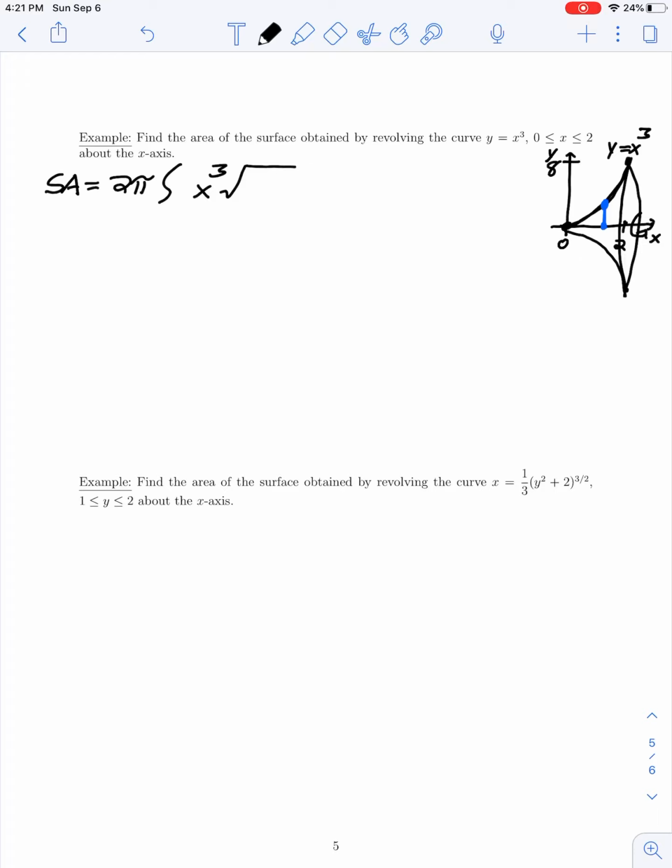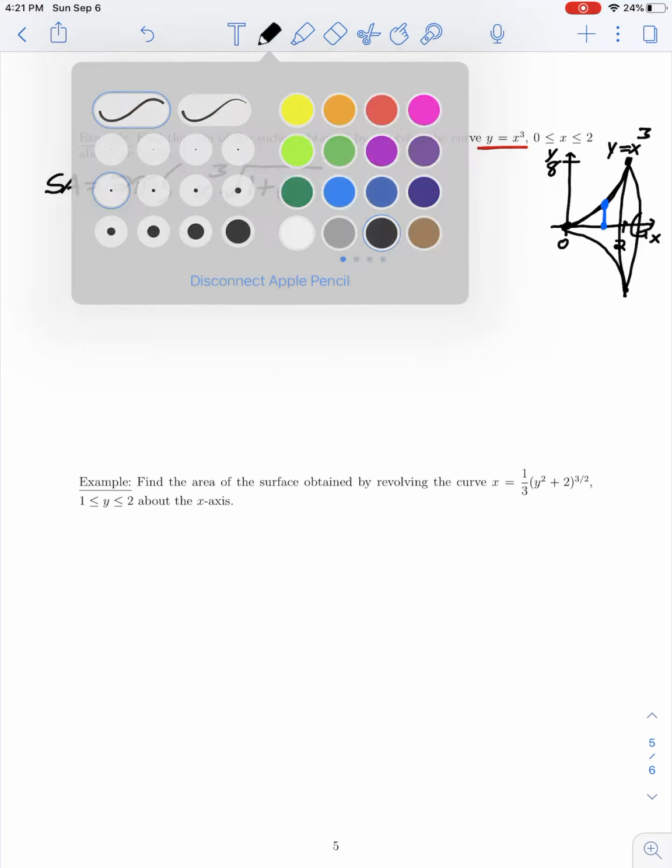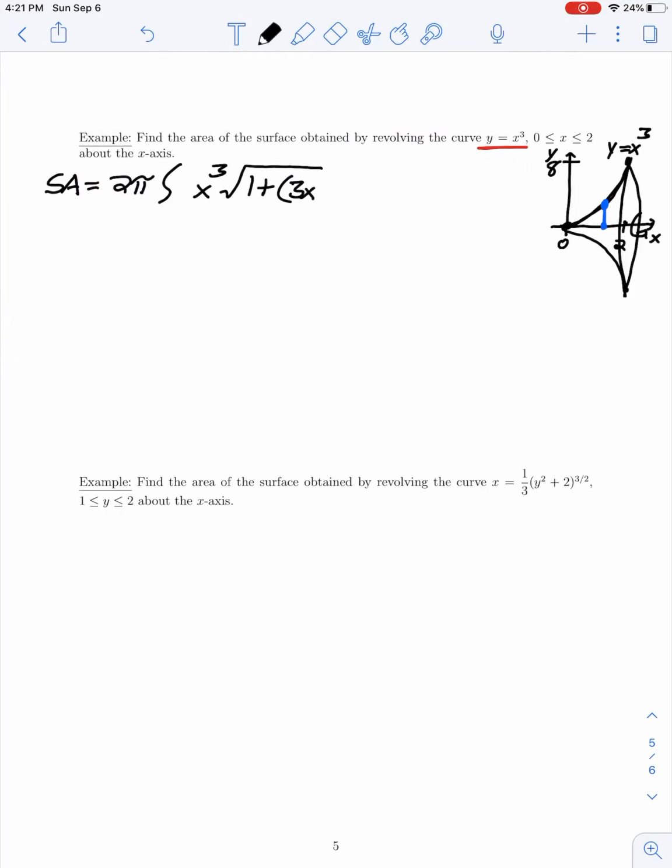So here, if y is a function of x, we would have the differential of arc length given by the square root of 1 plus the derivative of our function. So if y is x cubed, our derivative would be 3x squared, squared times the differential of x. And here we're integrating with respect to x.